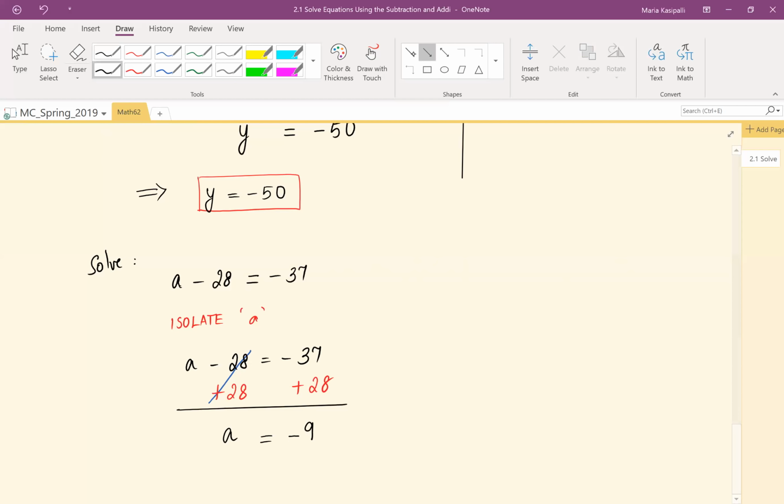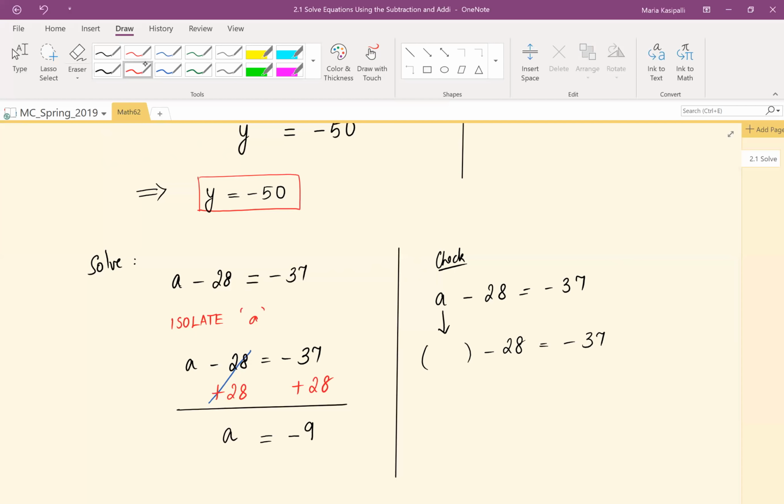And the sign of the larger number is negative. Now we need to check our answer. Check. And we take the original equation. We plug in a. The value we got was negative 9. Look at the way you write your a and your 9.